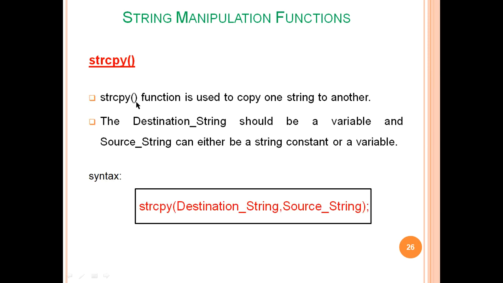The string copy function, again defined in the string.h header file, is used to copy one string to another. This is the syntax: strcpy of destination string comma source string. The destination string should be a variable and the source string can be either a string constant or a variable. The source string will be copied into the destination string.